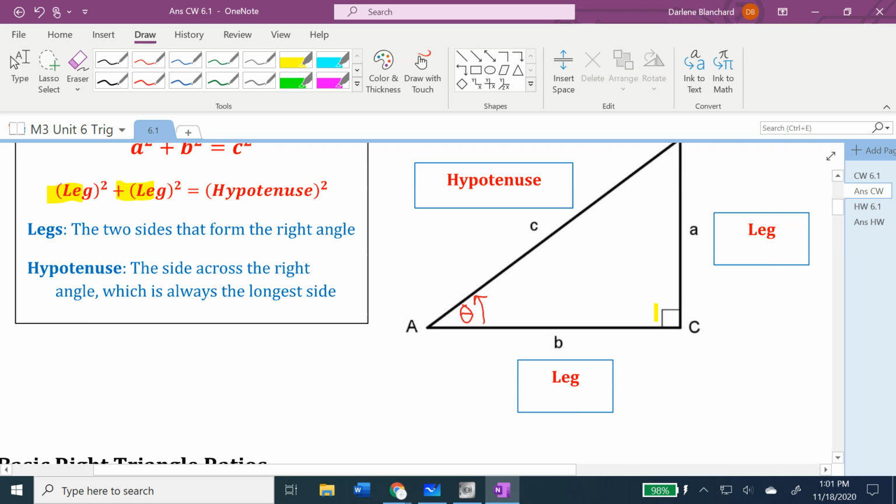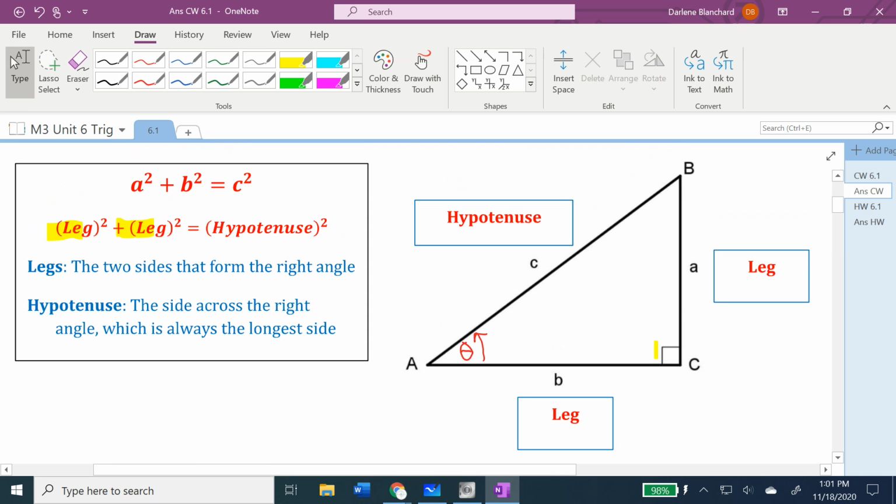So when I come back over here to this triangle, right now with how I put theta in the location of capital A, that means that this lowercase a is for that angle the opposite side, and B is the adjacent side. And remember that the adjacent side makes one of the sides of the angle.